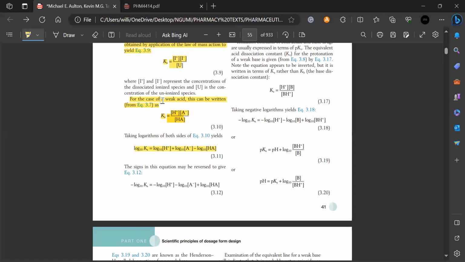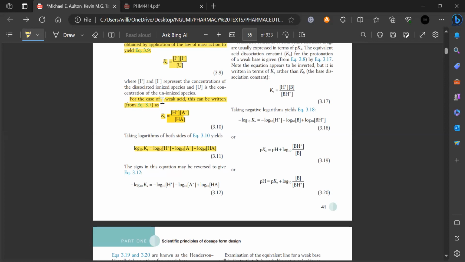So log Ka is equal to log H plus log A minus, minus log HA, because now the HA is division.